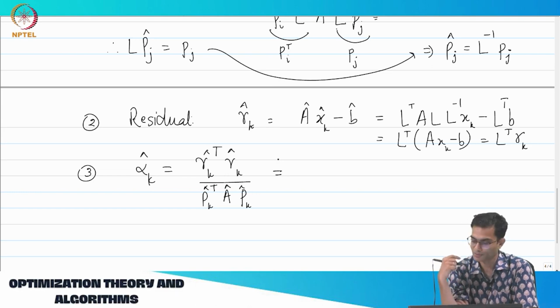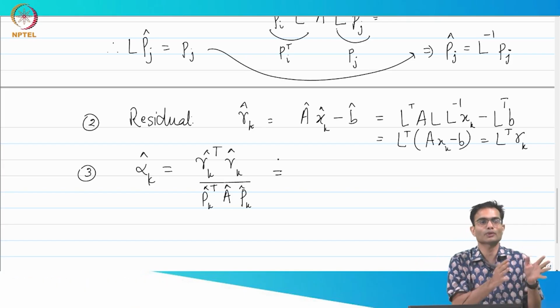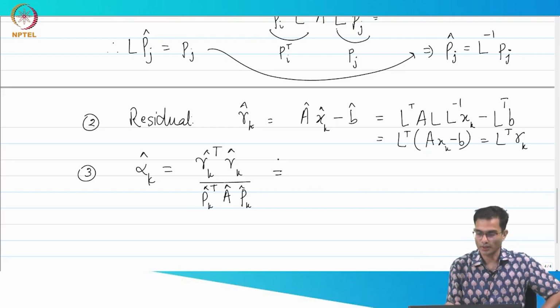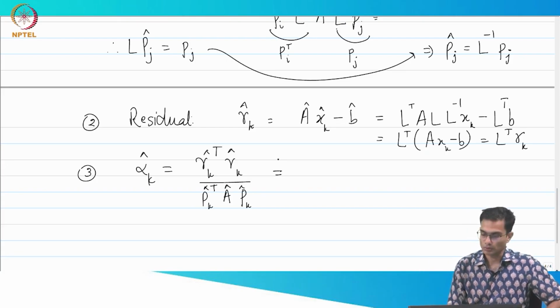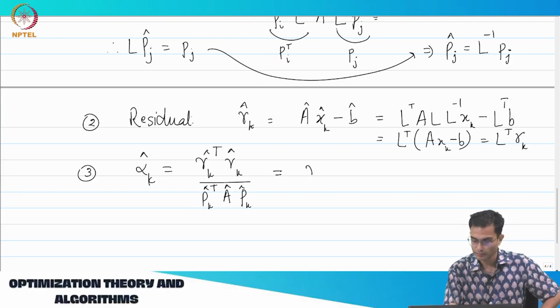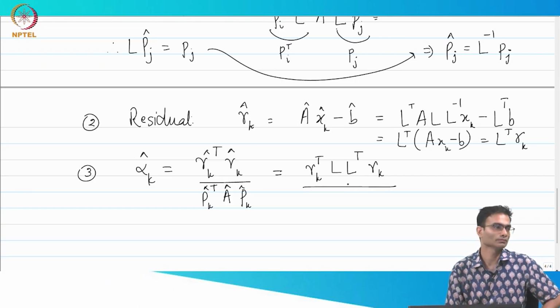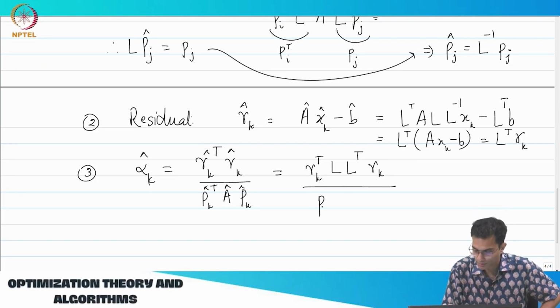Can I write it in terms of the old r? I want to get all the new expressions in terms of the old expressions as much as possible. So I can substitute from 2, I am going to get rk transpose LL transpose rk. What about the denominator? pk transpose A pk, it remains the same.